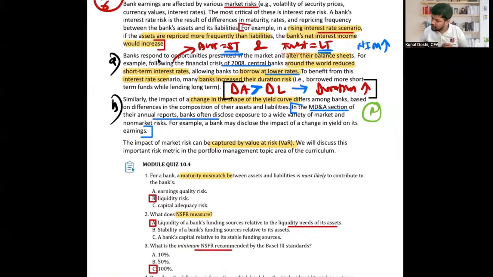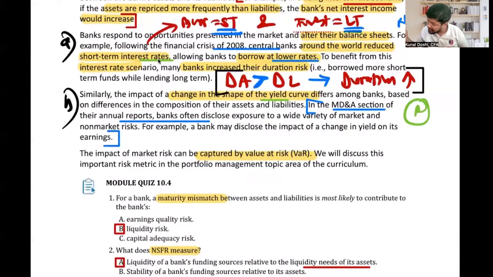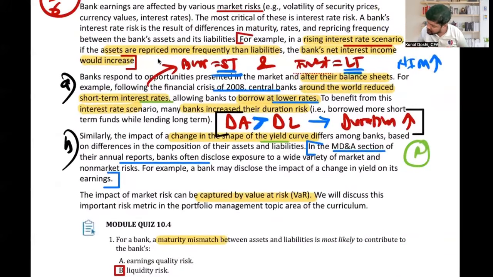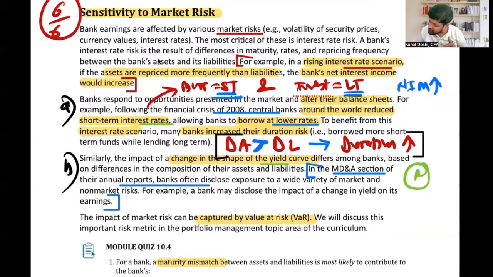All right, correct. So the impact of a change in the shape of the yield curve, or the impact of any increase or decrease in short-term rates because of monetary policy, that will affect the bank's portfolio, right? So for example, in a rising interest rate scenario, if the assets are repriced more frequently, the bank's net interest income would increase.